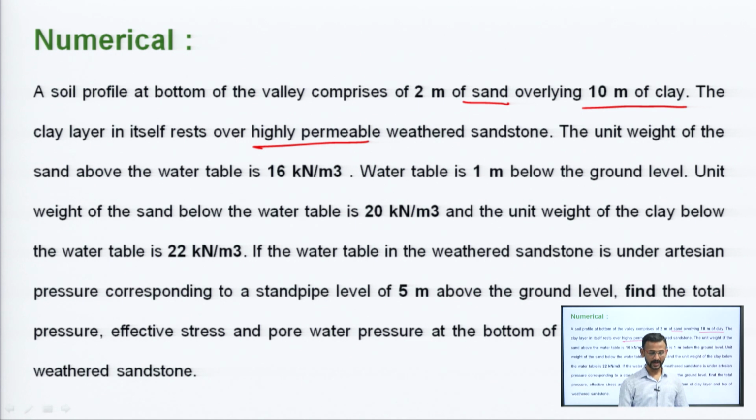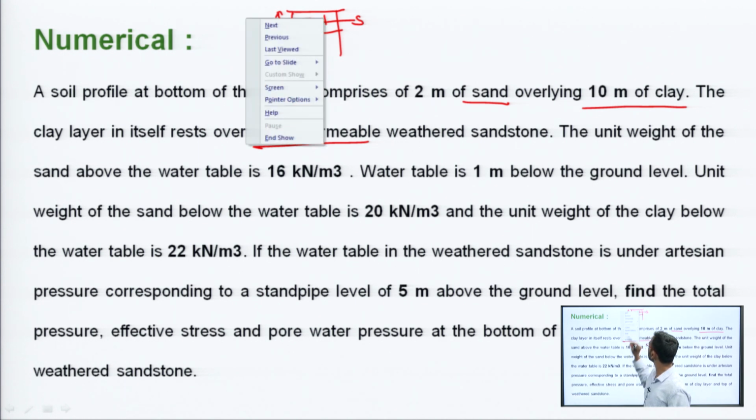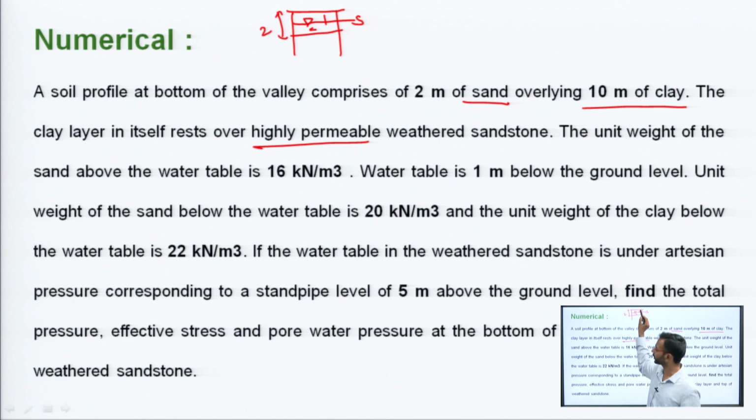The unit weight of the sand above the ground water table is 16 kilonewton per meter cube. We will be seeing how this happens. Next, understand here that the water table is 1 meter below the ground level. So let us say this is the sand layer of 2 meters, and the water table is at 1 meter below.